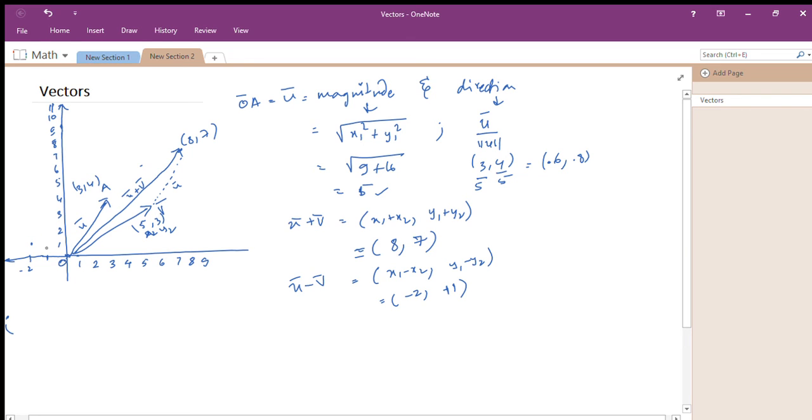And if you actually just drew this, this would be your u bar minus v bar. Another way, if you drew a parallel vector over here, it would be somewhere like this, right? So yeah, this is your u bar minus v bar.